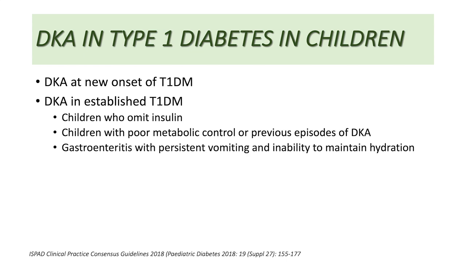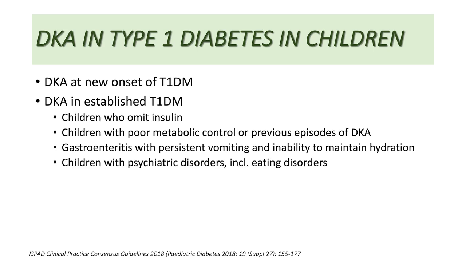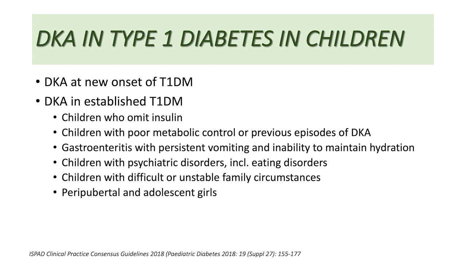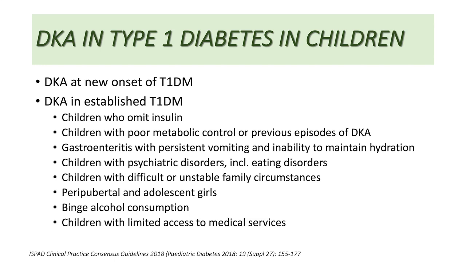Or children who are acutely ill, for example, gastroenteritis with vomiting and inability to maintain hydration. Or children with psychiatric disorders, including eating disorders, or children with difficult and unstable family circumstances, and girls around puberty age, binge alcohol consumption, and children with limited access to medical services.